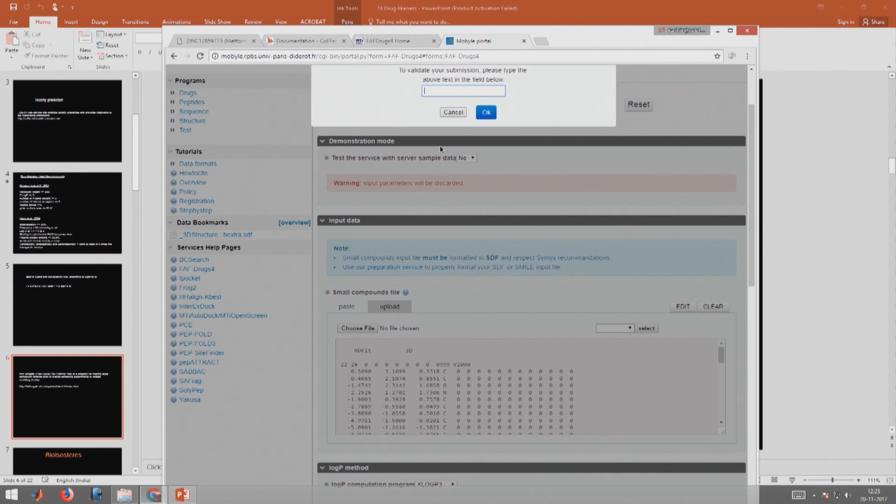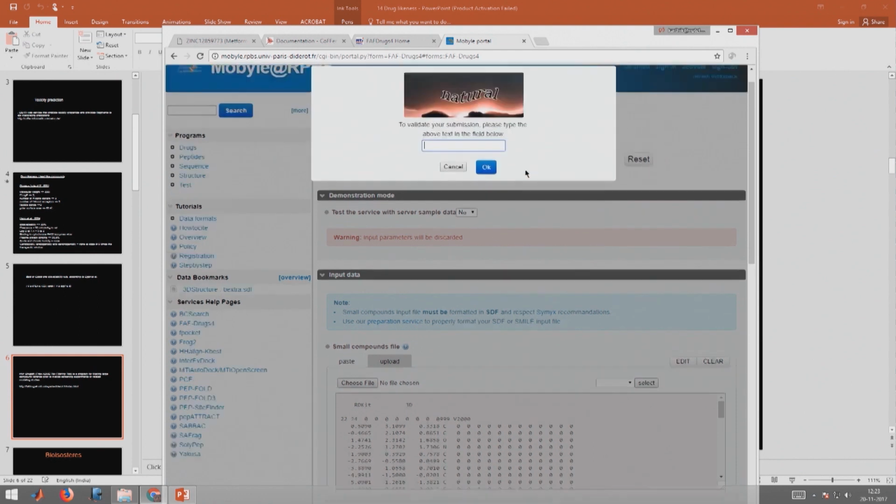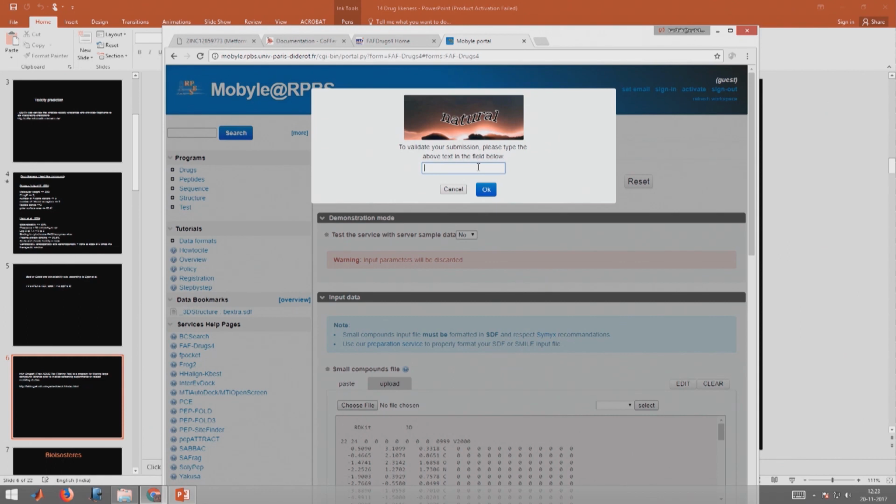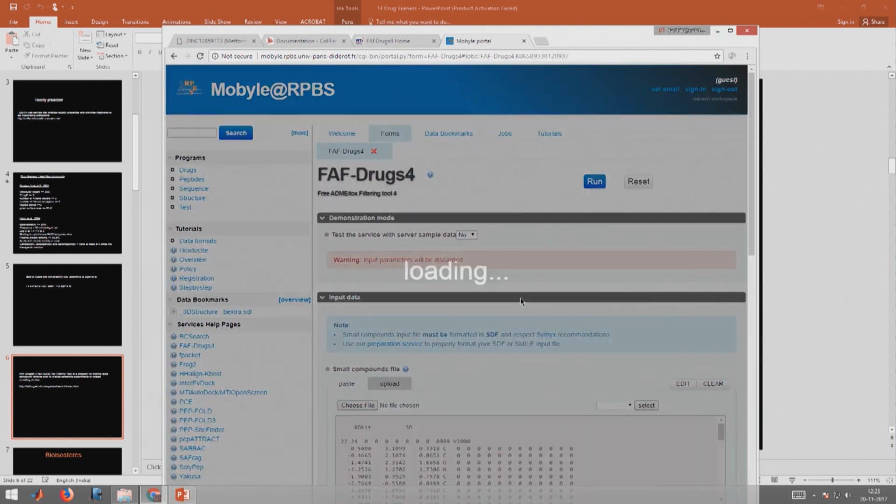So it calculates, it does a lot of calculations, and then it gives you a lot of properties.